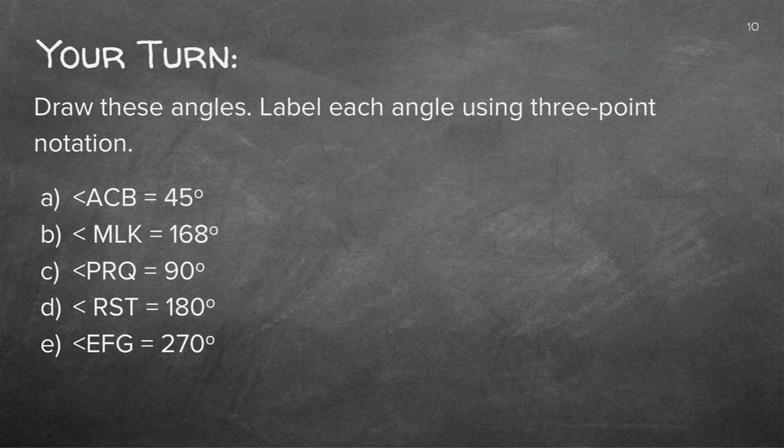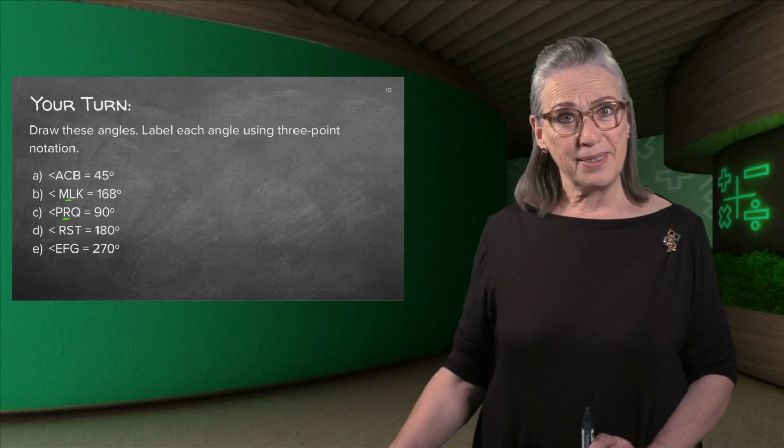MLK is 168, and at L, your angle will be at L, right? Your vertex. 168 degrees. So we know that is less than a straight angle, but more than a right angle. So it is an obtuse angle. Then PRQ, again, R is where the vertex is, and it's 90, and so on. So please have fun, and then we're going to come back and check your answers.